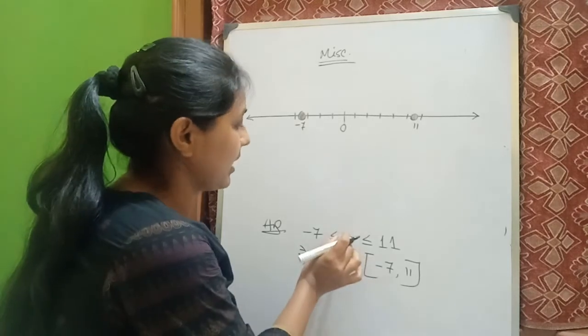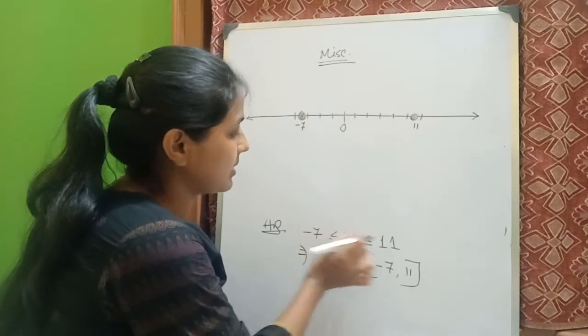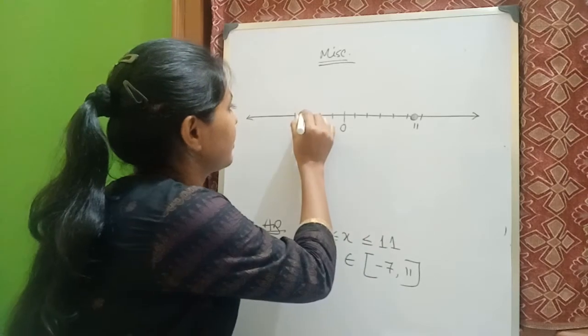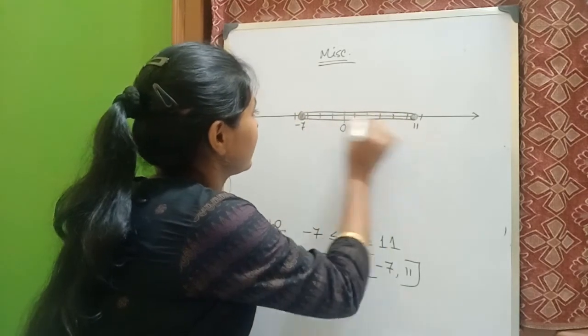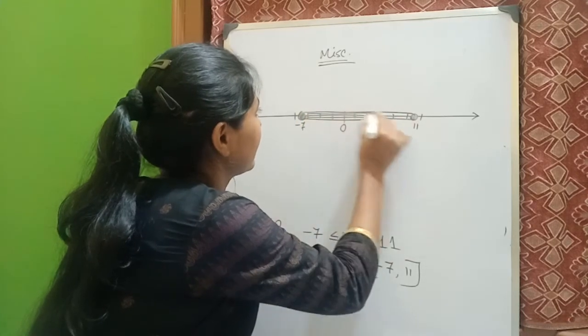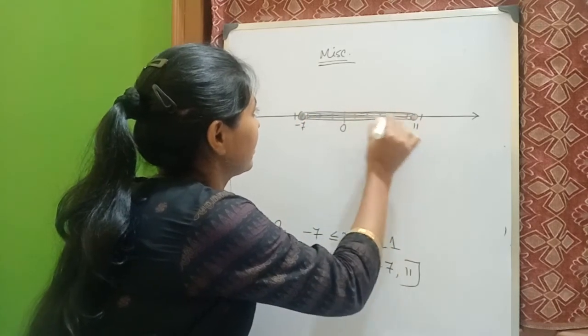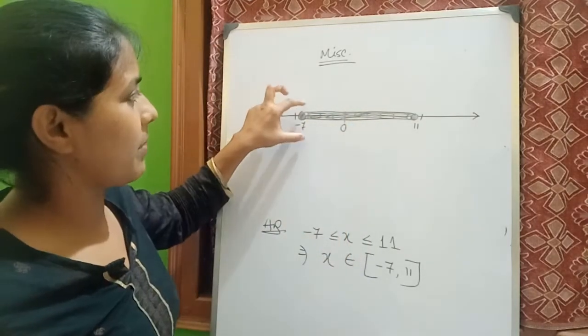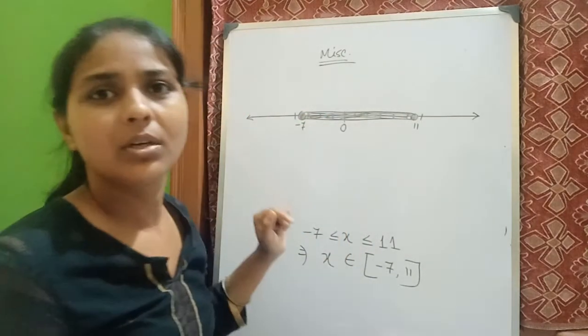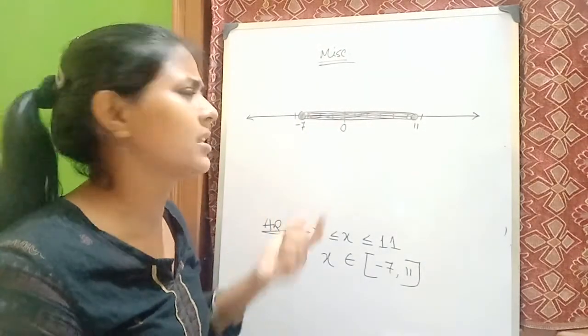Then which range? X is between minus 7 and 11. That means from this to this. This portion is the solution range for x from minus 7 to plus 11, and this is the way you have to represent it.